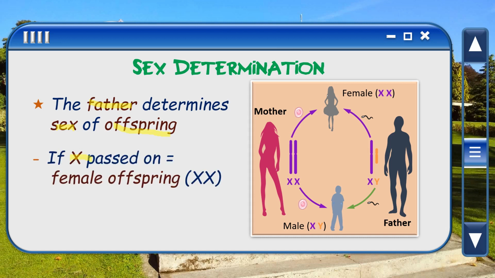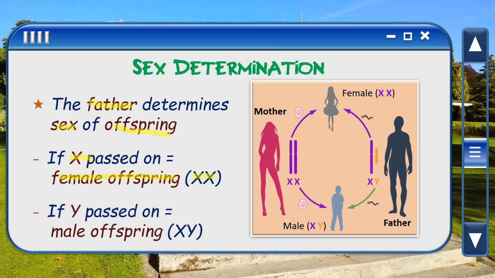If X is passed on, then we shall get a female offspring: X from the father and X from the mother. If Y is passed on, then the child will be a male: X from the mother and Y from the father. We have the mother here. A mother is XX. And we have the father.